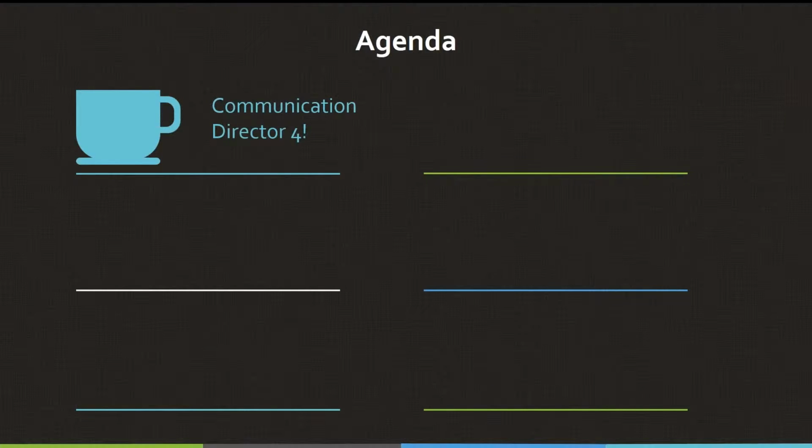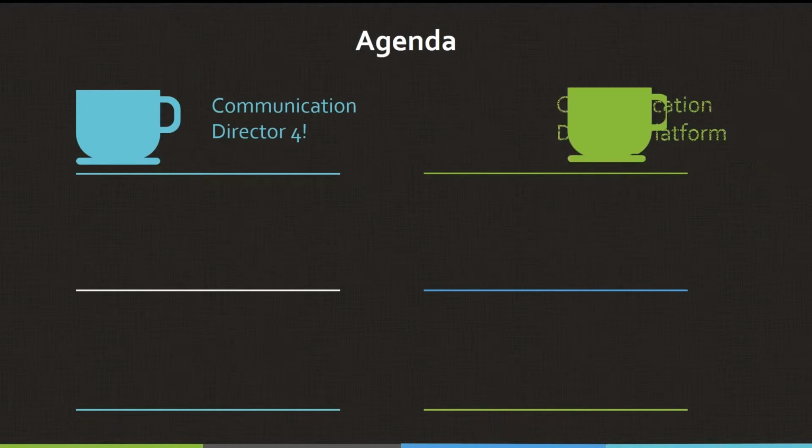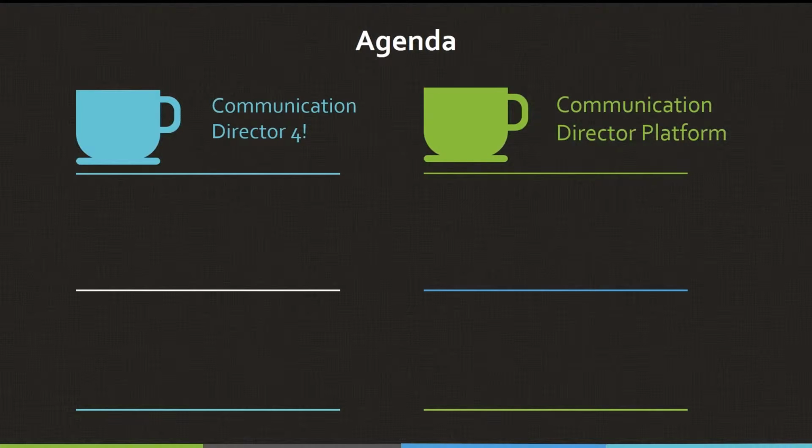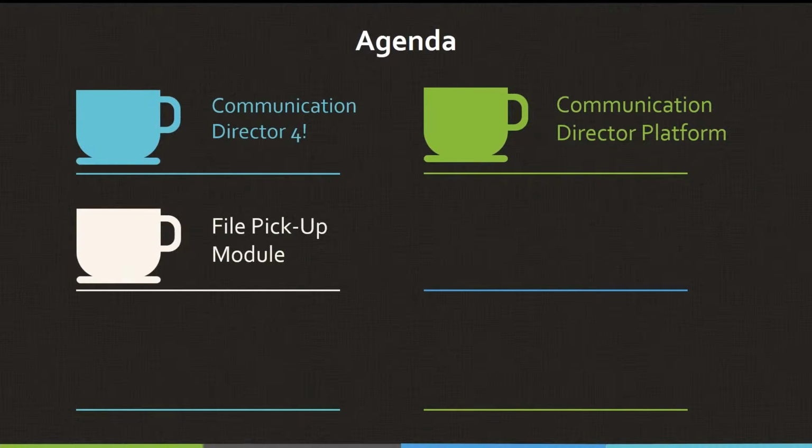Now for the agenda. For those of you who haven't moved to Communication Director 4, Jeff will highlight some features of the new UI for version 4 platform. Then he will walk you through Communication Director, how it works, and the platform functionality. Jeff will move into explaining File Pickup, our newest module for Communication Director, which finds and extracts PDFs.